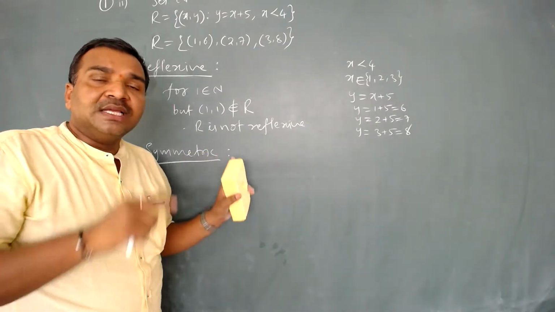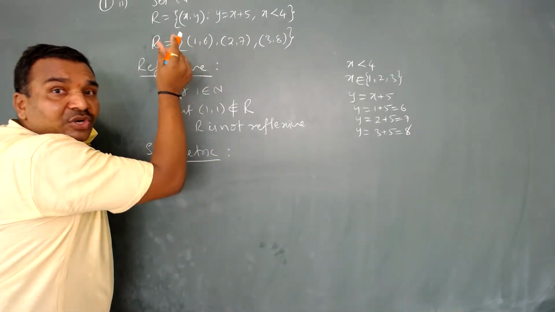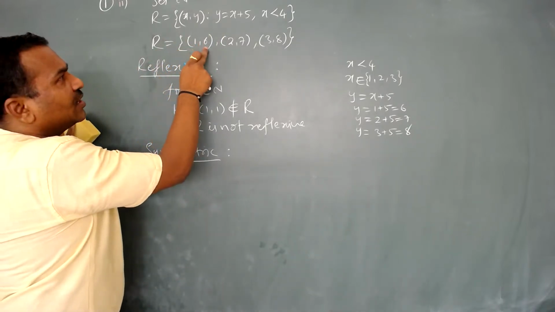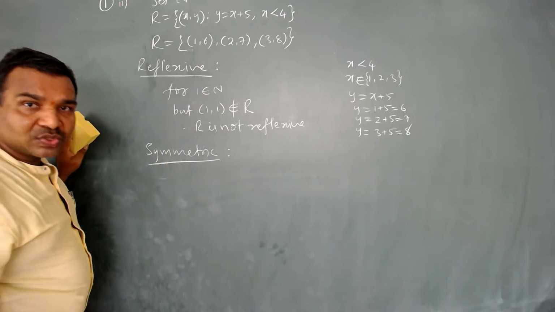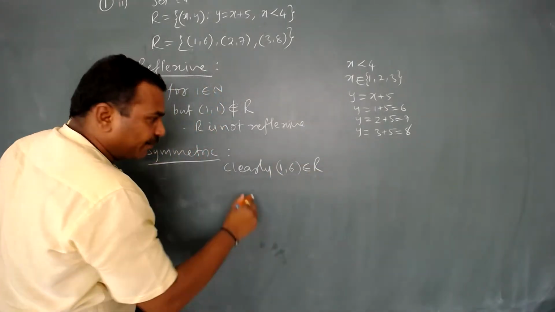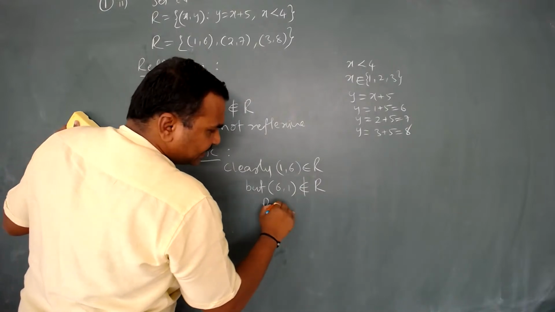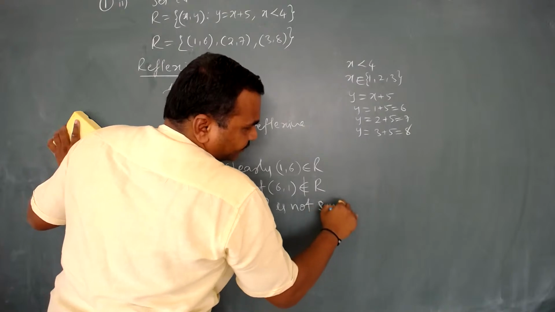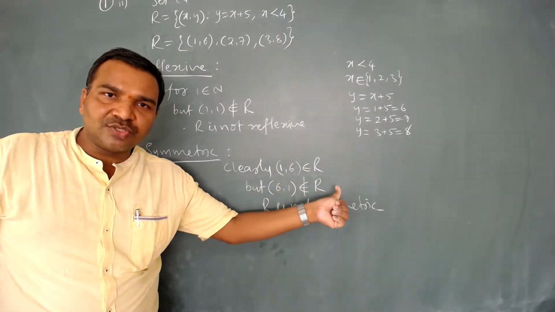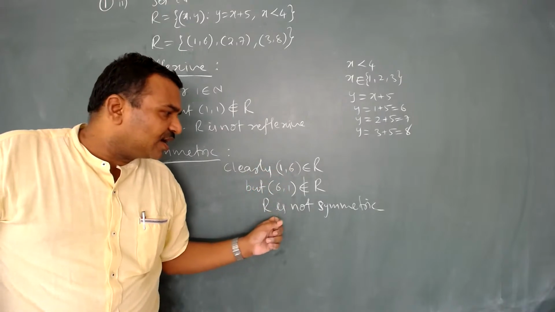If AB belongs to R, then BA also belongs to R. Here 1, 6 is there, but 6, 1 is not there, so there is no need to check other elements. 1 comma 6 belongs to R, but 6 comma 1 does not belong to R. Therefore, R is not symmetric, because the condition is not satisfied.